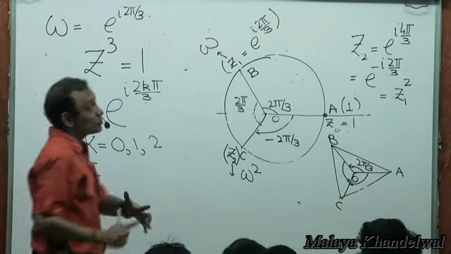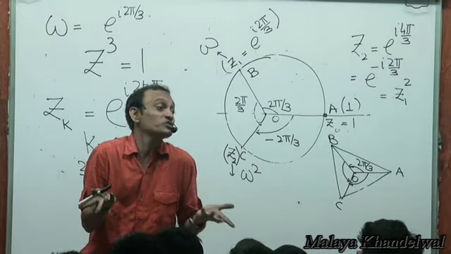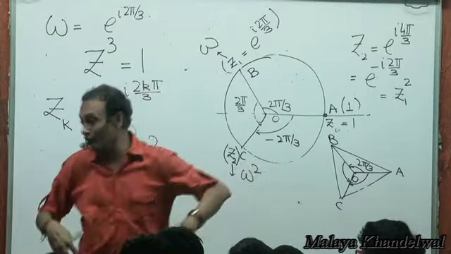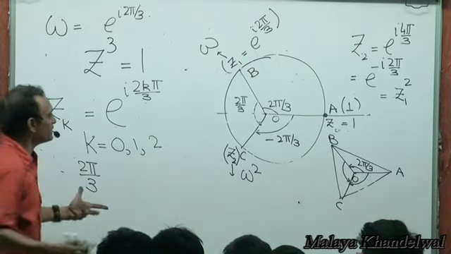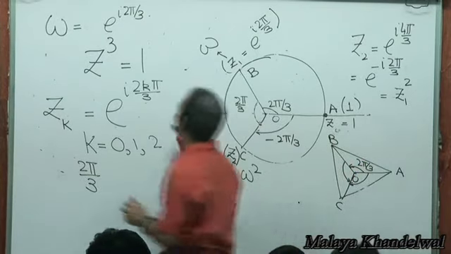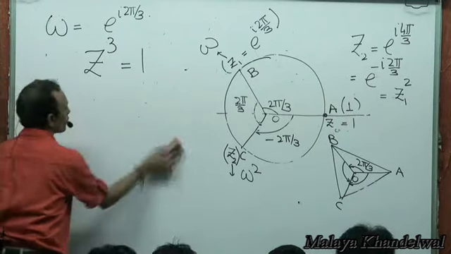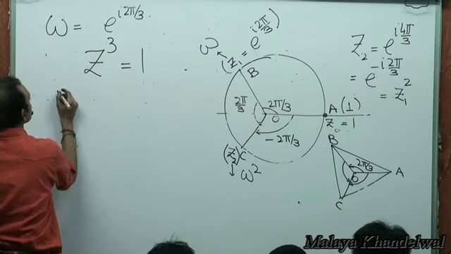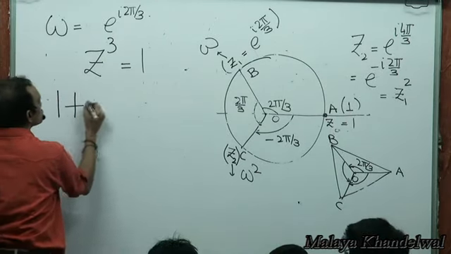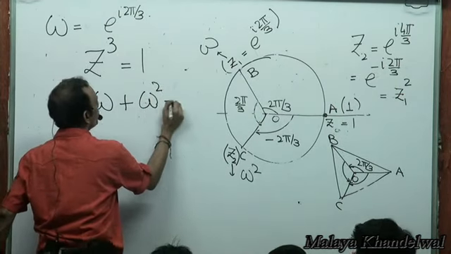Right? And the sum of all the n roots of unity is 0. So 1 plus omega plus omega squared must be 0, because the sum of all the n roots of unity is 0. So the sum of all the roots of unity, this time cube roots of unity, will be 0.